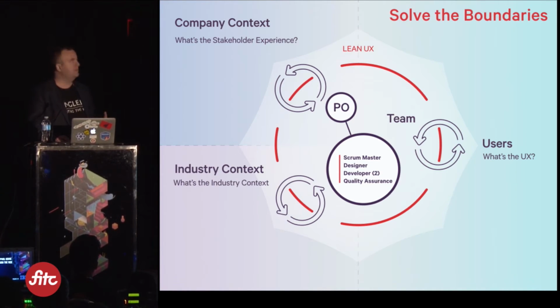It's a different kind of an accounting mechanism, but there has to be a way to actually bring that into the business. Now, some companies have a hard time doing that because their business is split into the actual business side and the IT side, and they don't have very good communication. So this stakeholder experience context can be quite hard to solve, and it requires working to get that built out.